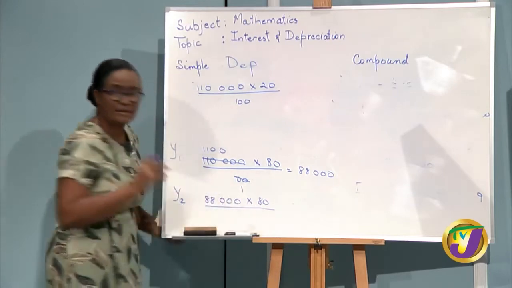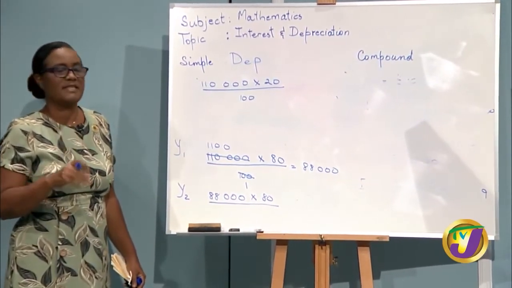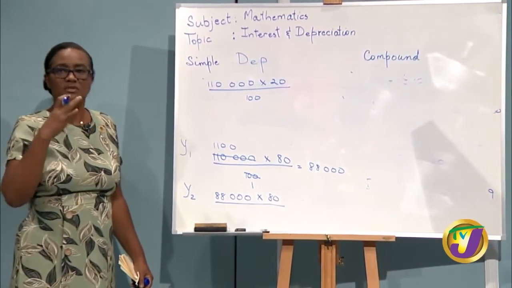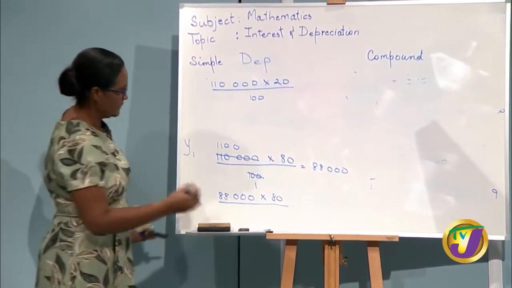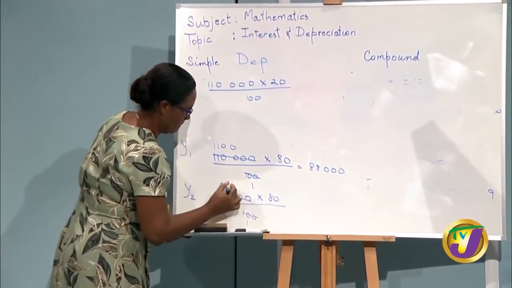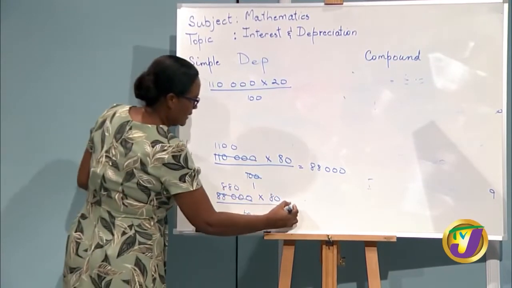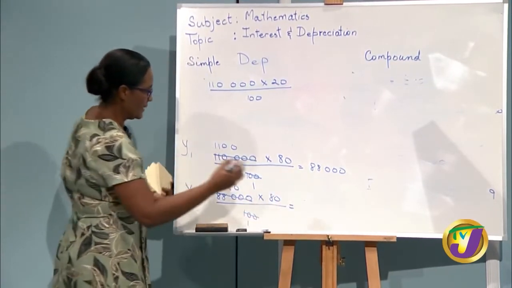80% of that. How did I get my 80% again? Correct. We got our 80% because the cost was reduced by 20%. 80% is left. Cancel. And we'll get our cost. So I'm going to do that calculation now.